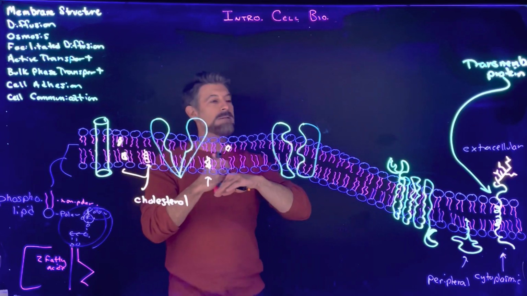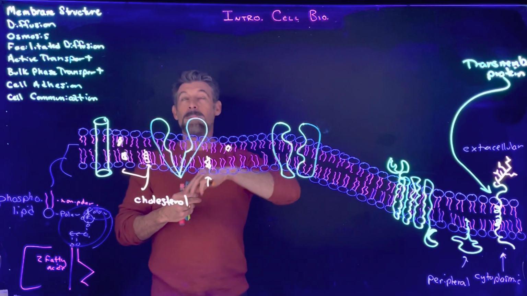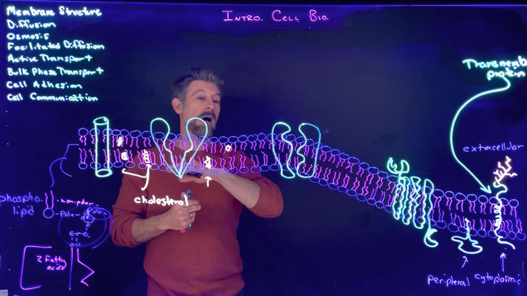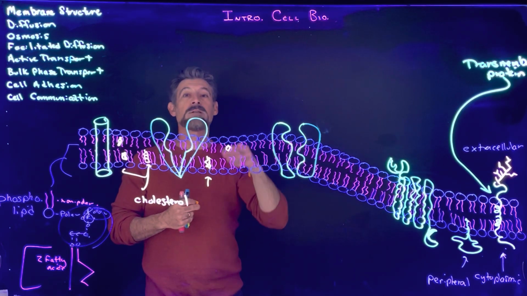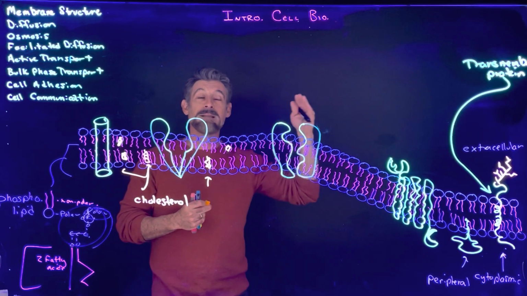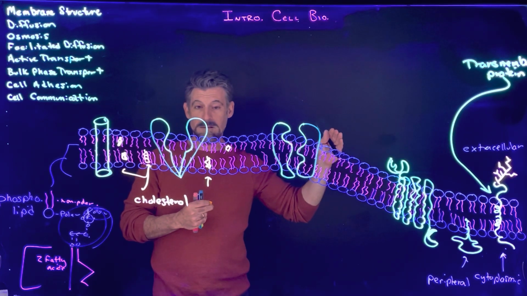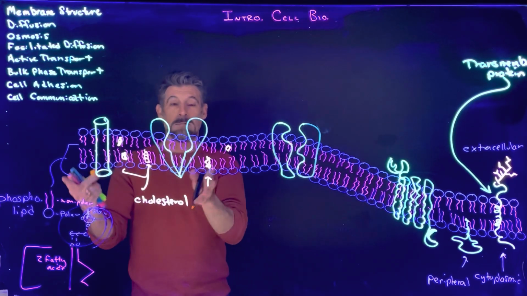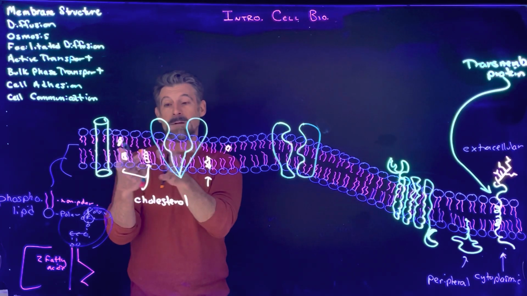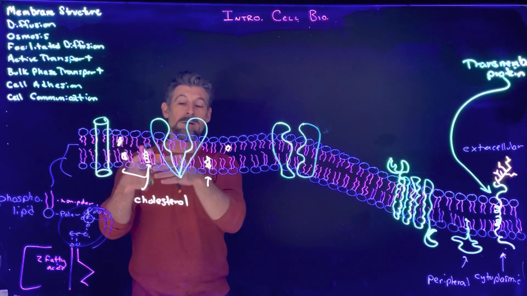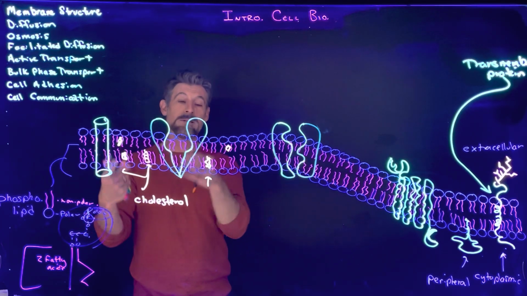So it doesn't make them completely tolerant and unaffected by temperature. It just makes it so that as the temperature increases, the integrity is kept. The fluidity is kept down from becoming too fluid and falling apart because of cholesterol.